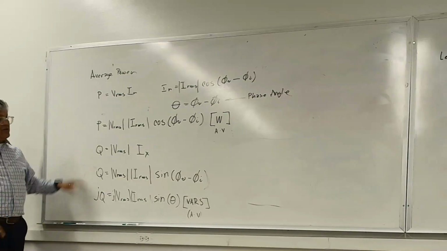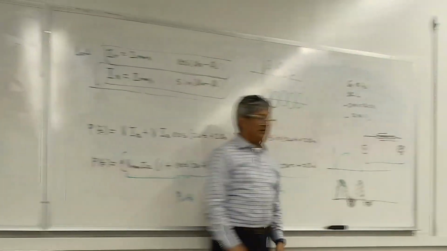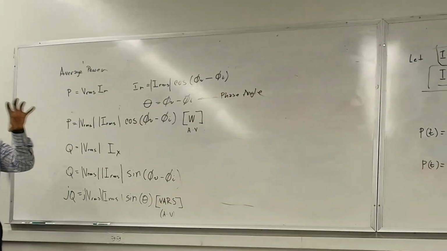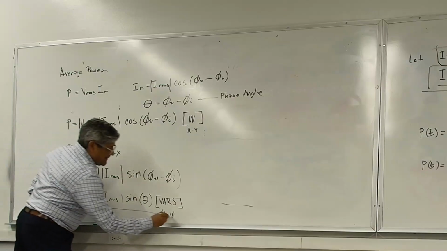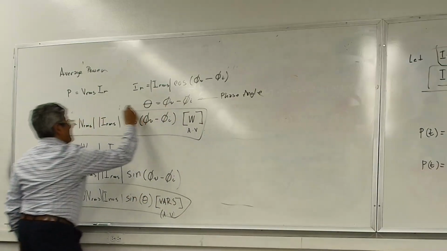And with this, you no longer have to worry about the time variable. Basically you're extracting the average value. The way you can think of it is that's the average energy encased in that waveform, real and reactive. That's basically what we're able to do with this formula and this formula.